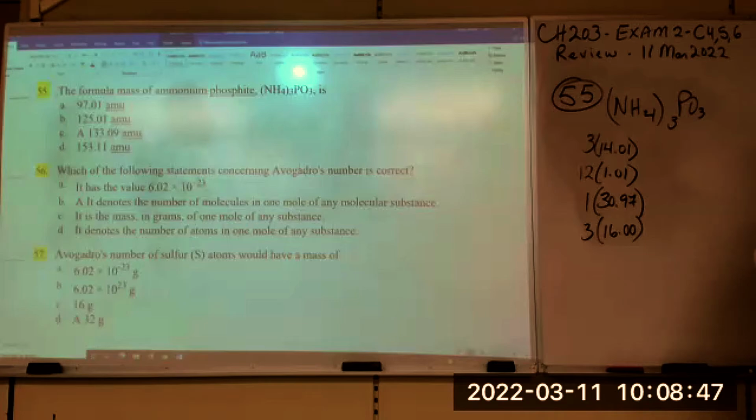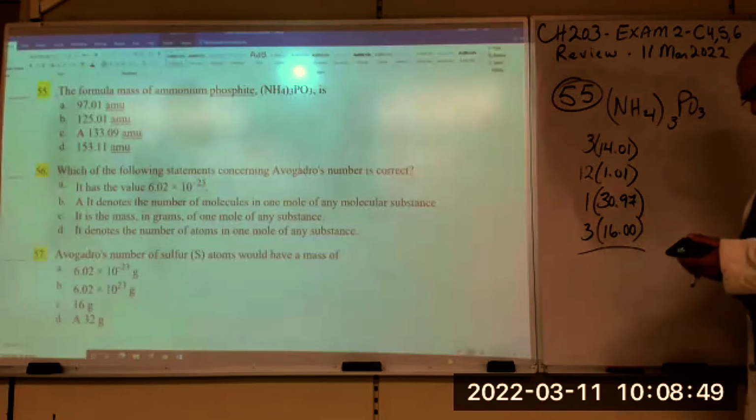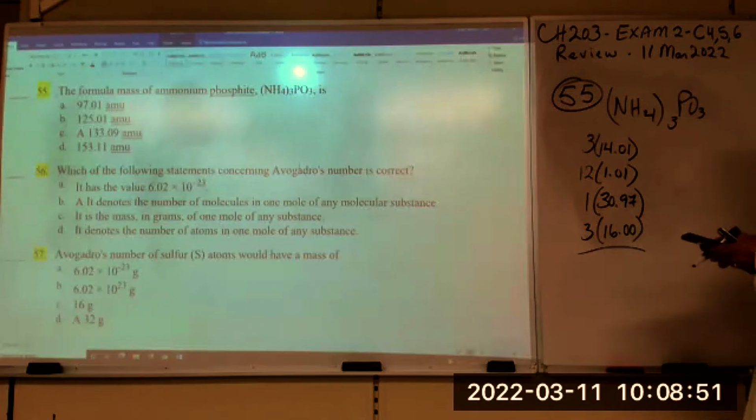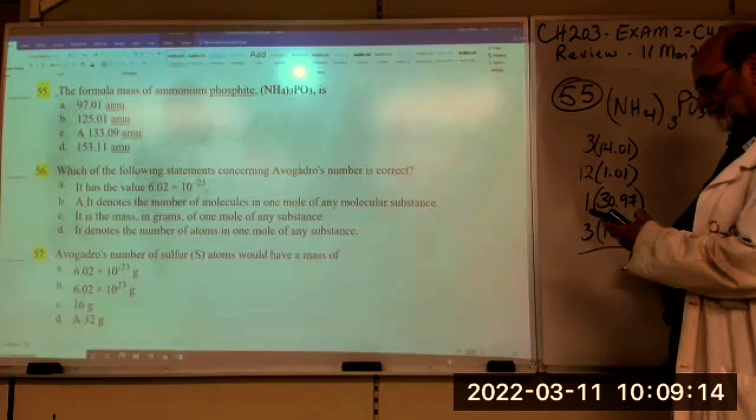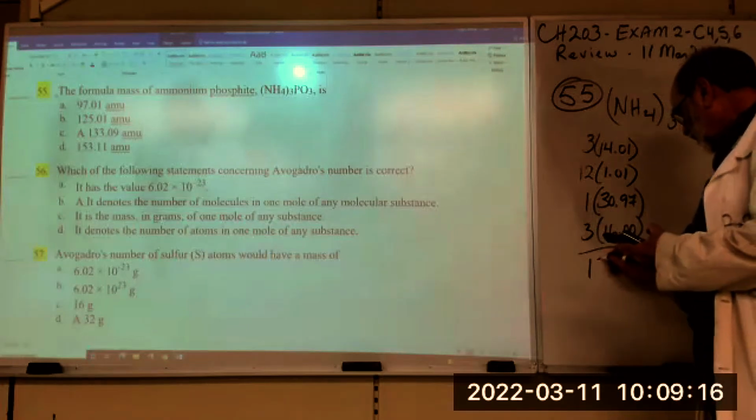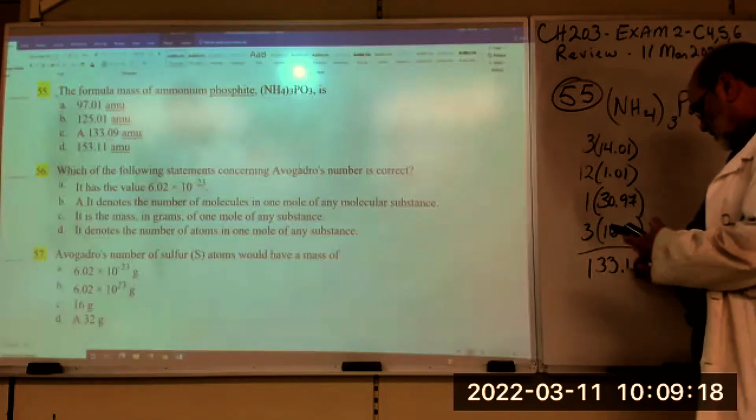Rounded off to 2 decimal places. So I'm going to start from the bottom and work up: 48, 30.97, 12.12 for the hydrogens, and 3 times 14.01, add that in there. I get 133.12.